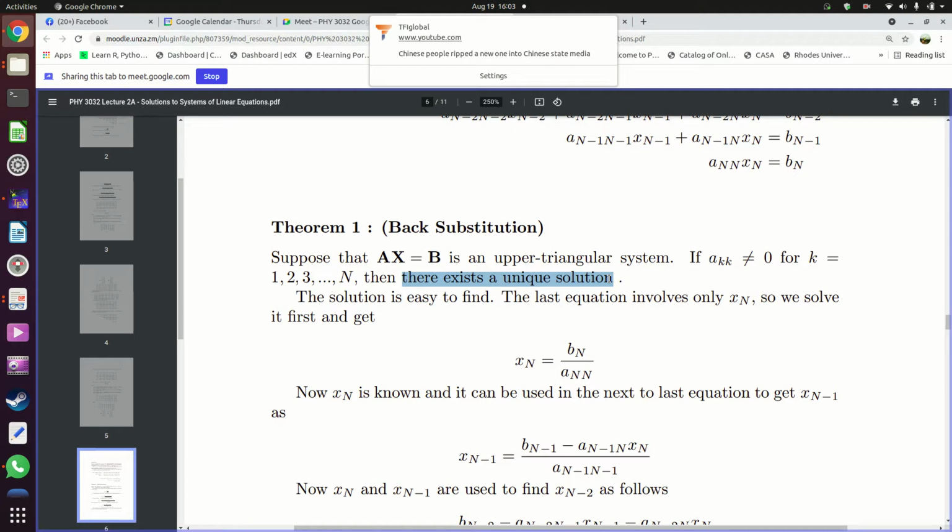However, if any of them is equal to 0, then it will not be possible for you to find a unique solution.